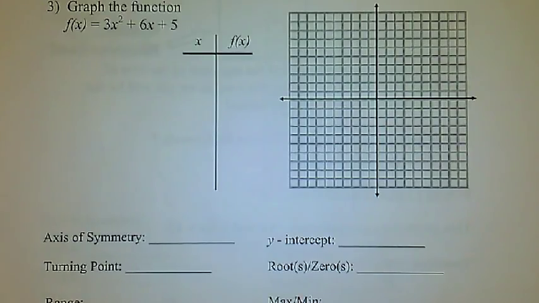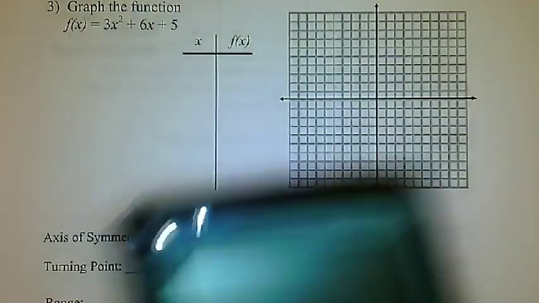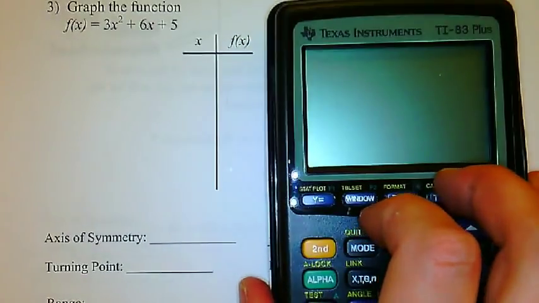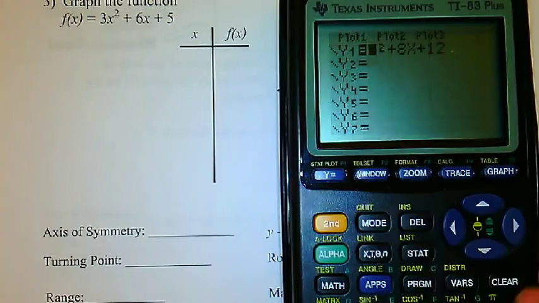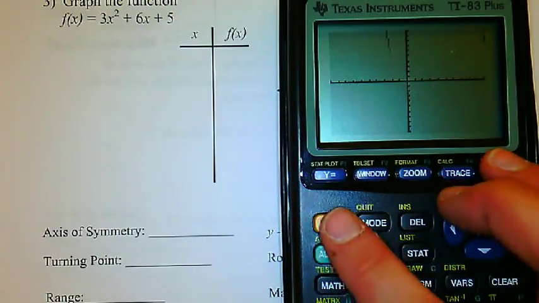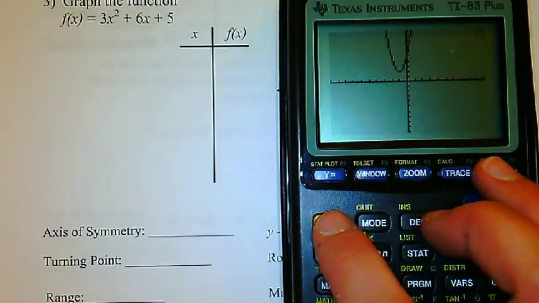All right, so we are going to graph this function, and I'm also going to calculate the axis of symmetry for you on the paper. So 3x squared plus 6x plus 5. Now, the purpose of this isn't to frustrate you with more work.